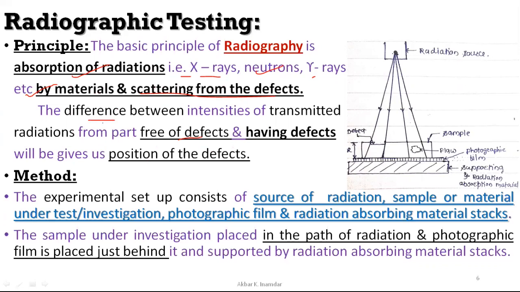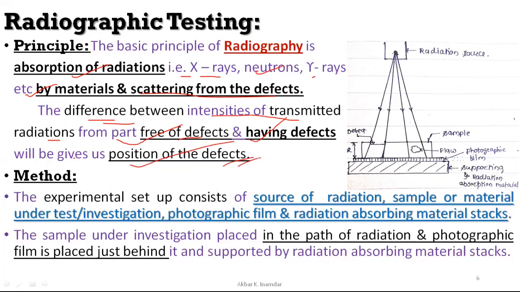When you know the difference between the intensities of transmitted radiation from parts free of defects and parts having defects, then we get the position of the defect.